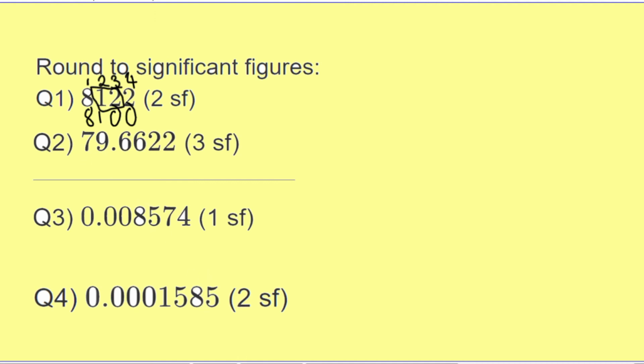Okay, so we've got 79.622. 3 significant figures. That is our first significant figure. That is our second. This is our third. Okay, the point is between them. So we need the third and the fourth. Okay, if we're rounding to 3 significant figures, we need the third and the fourth. So we're looking at these 2 numbers, 66, which rounds up to 70.